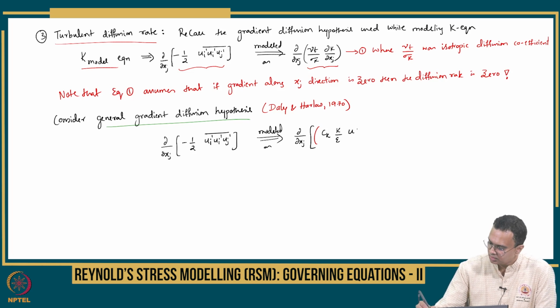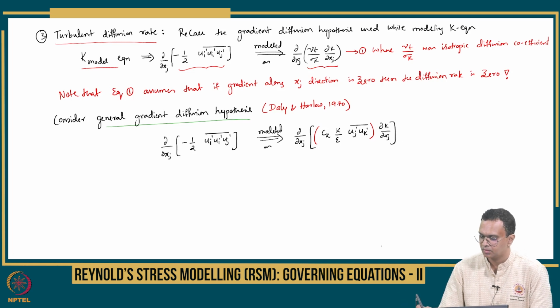So the Reynolds stress comes in here, which is uj prime uk prime average, and then your ∂k/∂xk.